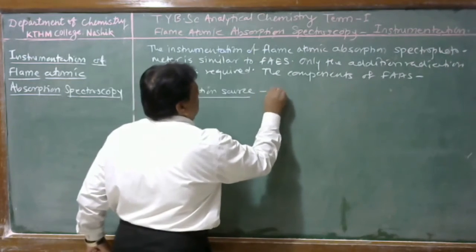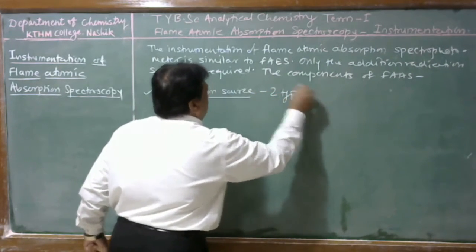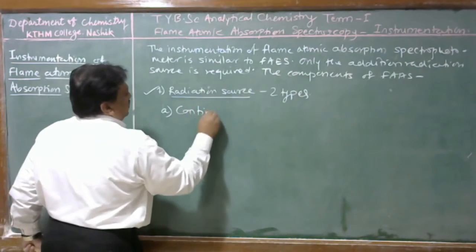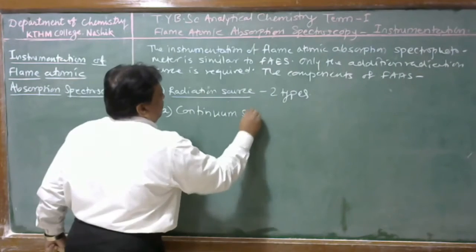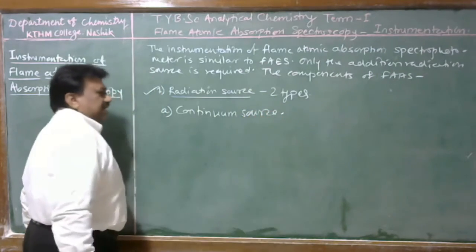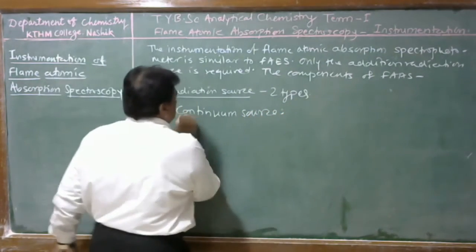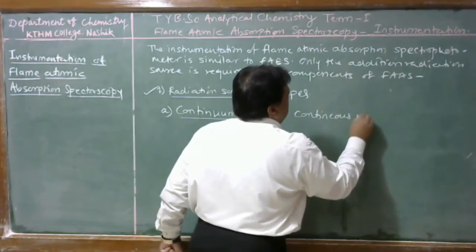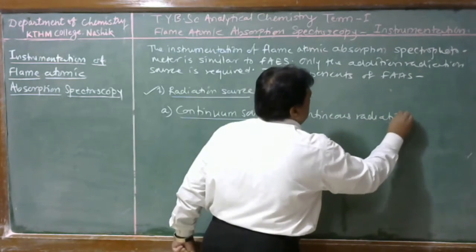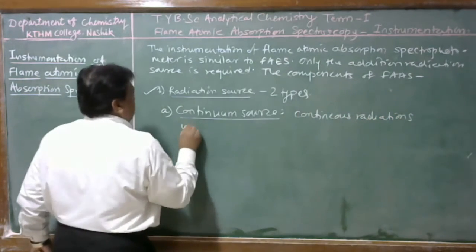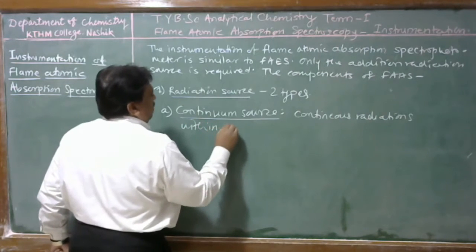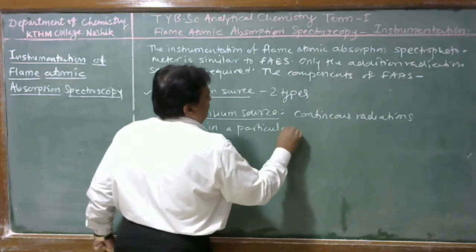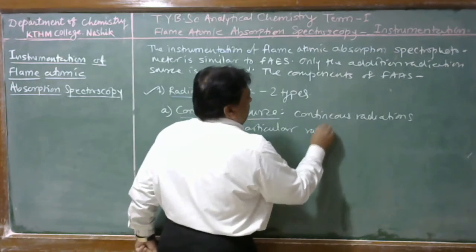First type is called a continuum source, which gives continuous radiations within a particular radiation band.